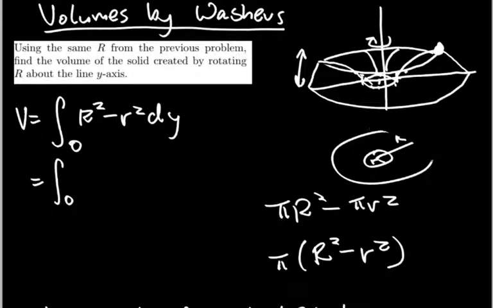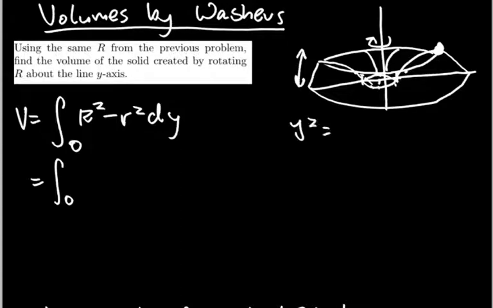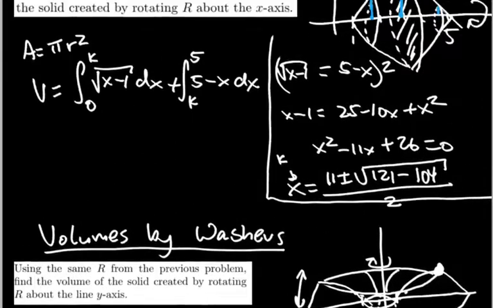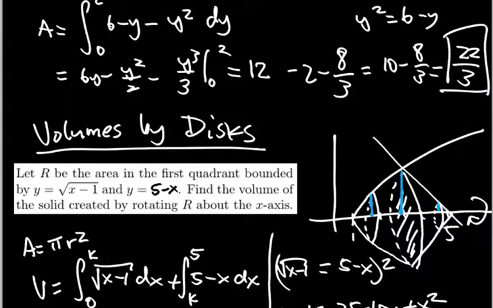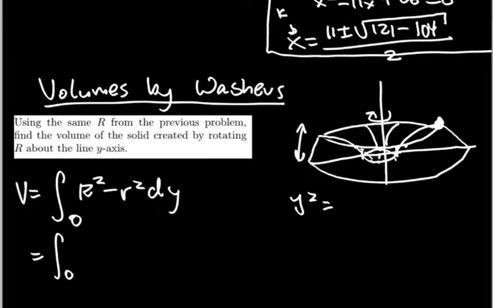Okay, so let's figure out what those things actually are. So since we're doing a dy, let's write this in y form. Okay, y equals square root of x minus 1. So if we square that whole thing, we're going to get y squared equals x minus 1. So in other words, x equals y squared plus 1.